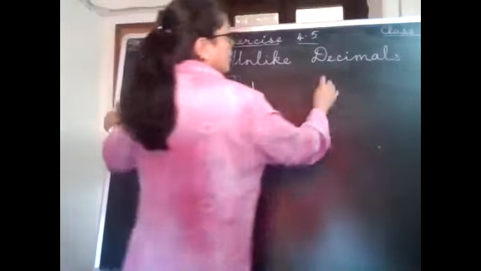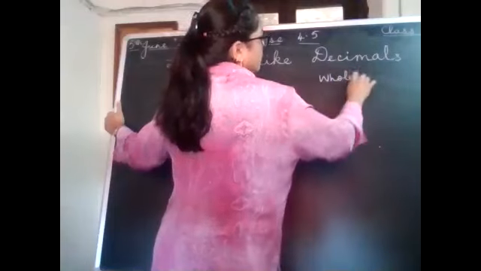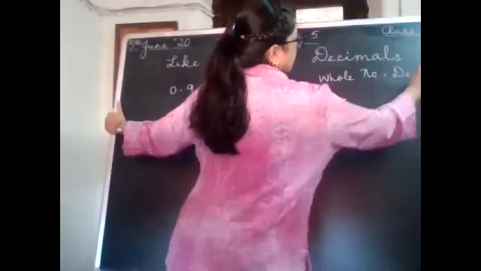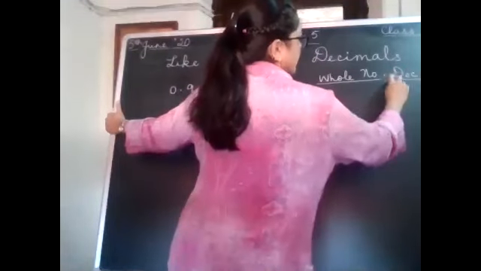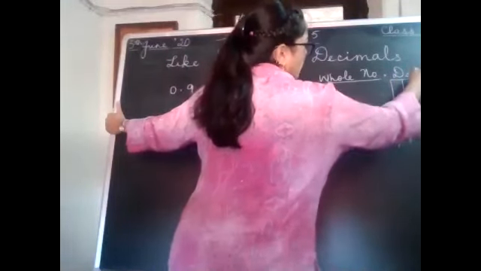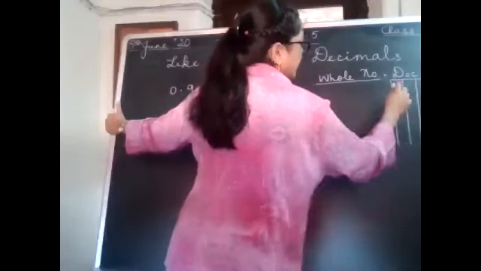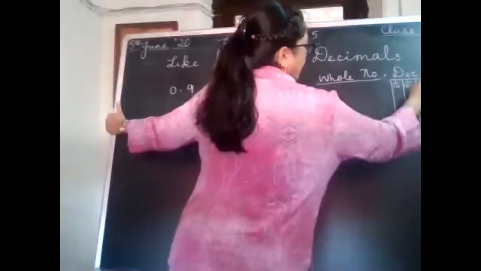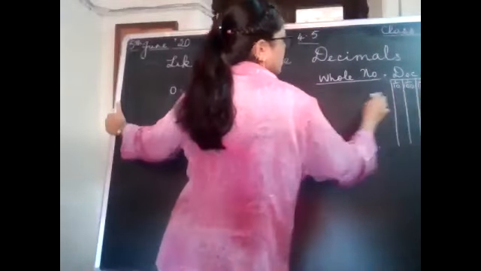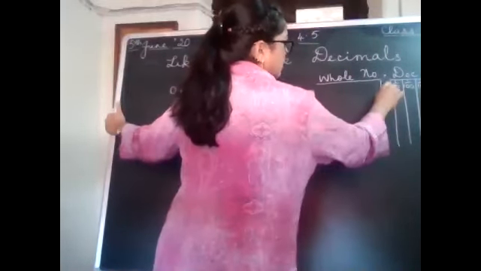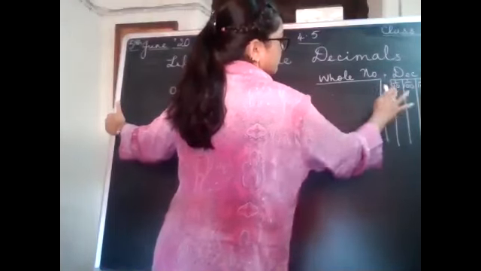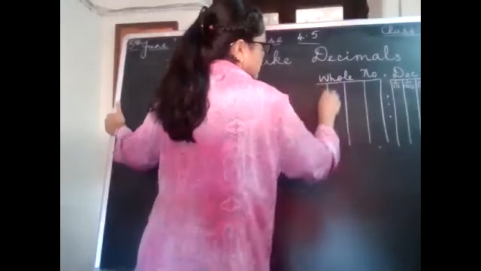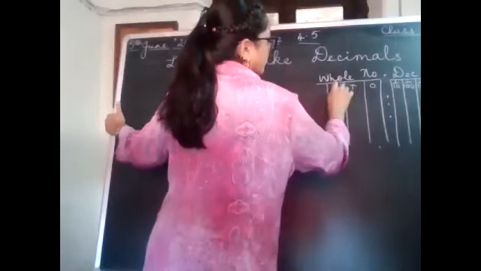Remember the decimal table? We have the whole number part, then the point, and then the decimal part. Here we have the ones, tens, hundreds places, and here we have the point, and here the tenths, hundredths, thousandths.